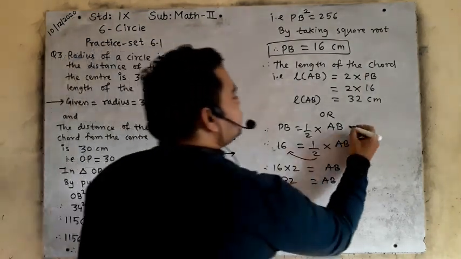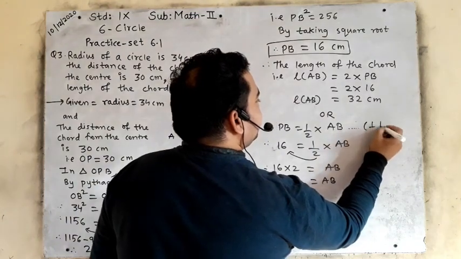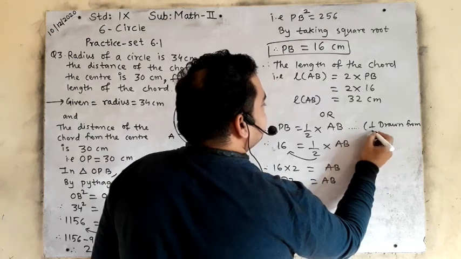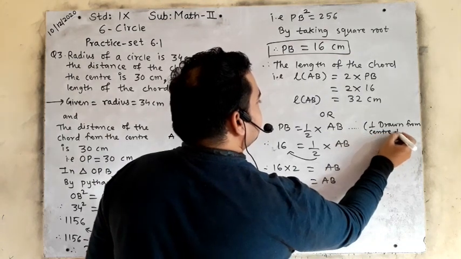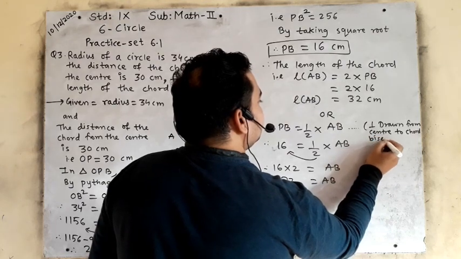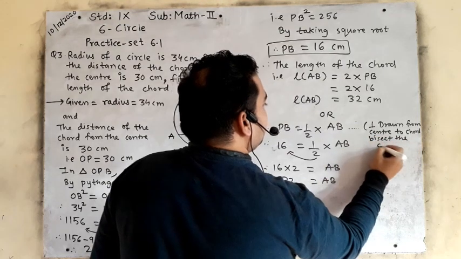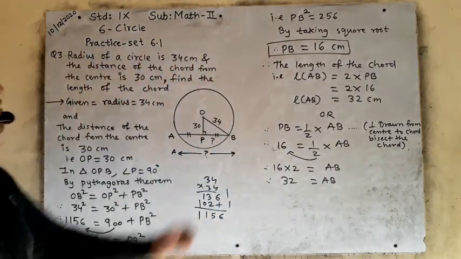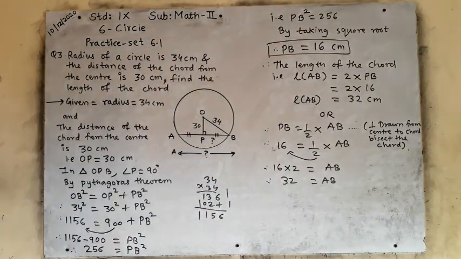Why is it so? Because a perpendicular drawn from the center to the chord bisects the chord. I hope you understood how to solve this. Either way you can solve it, no problem, the answer will be the same.